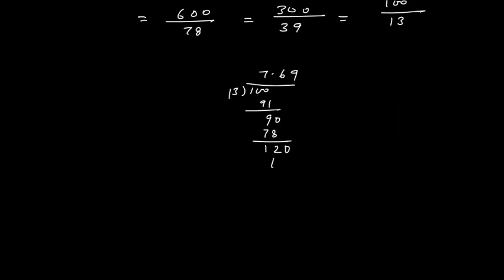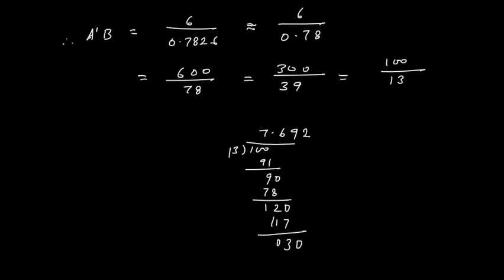So it is 9, and the remainder is 3, then 30. 13 2s are 26. So 7.692, that is approximately 7.69. So this is equal to 7.69 meter.